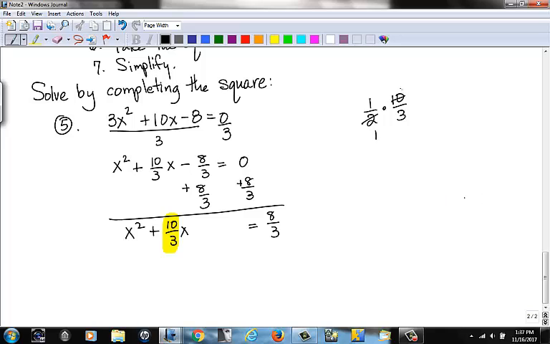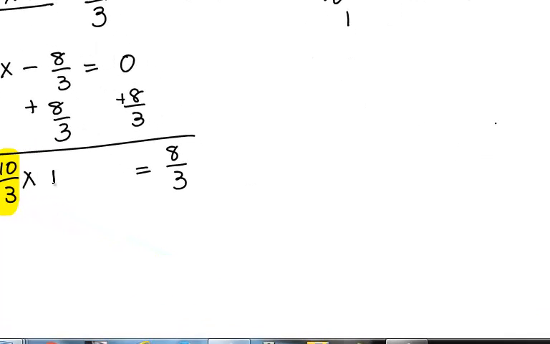Okay, and reduce. 2 would divide into 10 5 times. Multiply across on the top. Multiply across on the bottom. I get 5/3. Add the square of that to both sides. You got to keep it balanced.